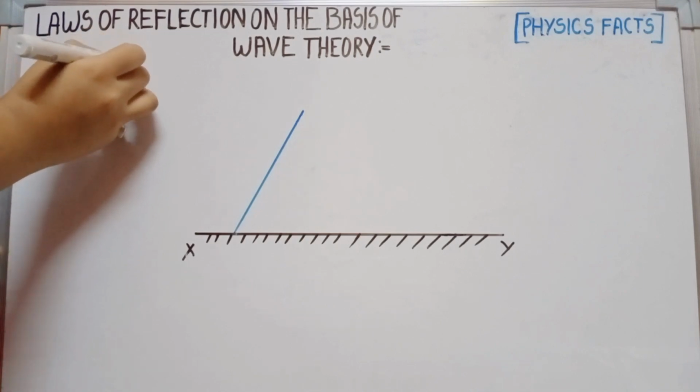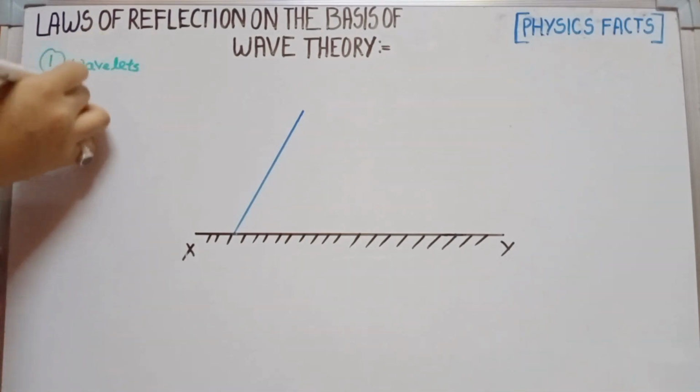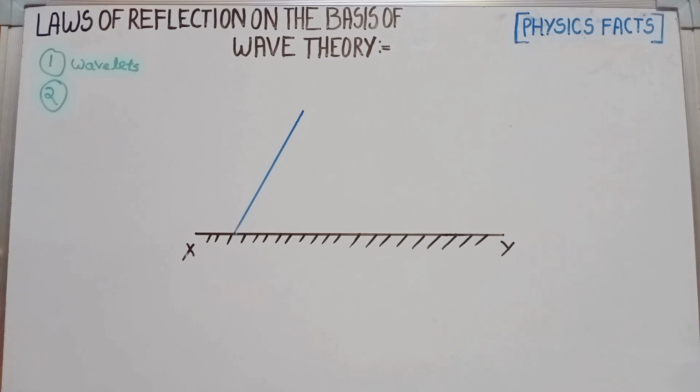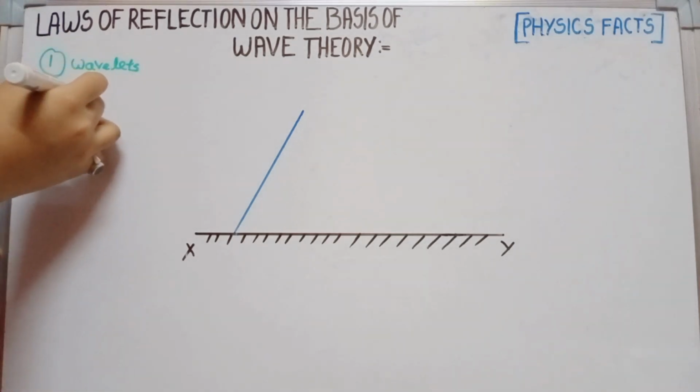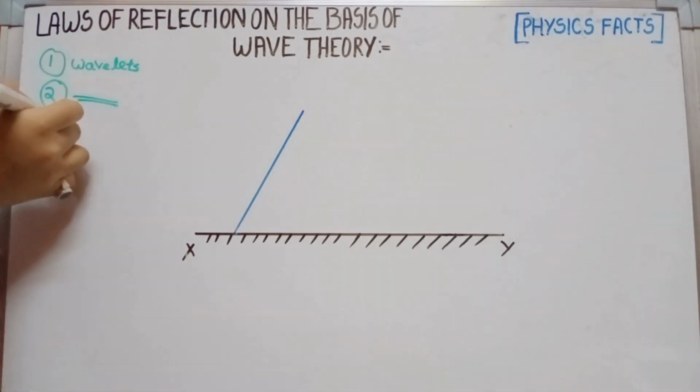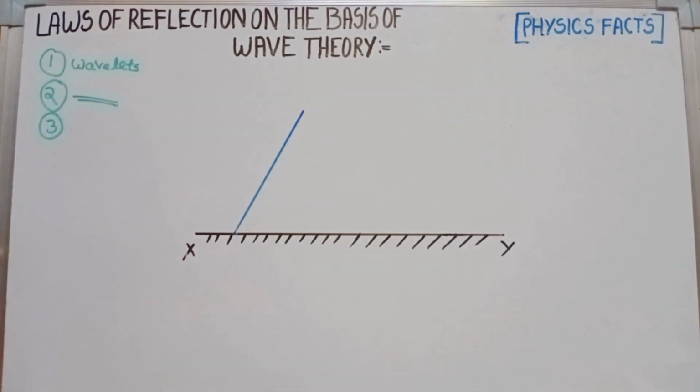These wavelets spread in all directions with the speed of light in that medium. Second point, third point: if we draw a tangent on the secondary wavelets, we get the secondary wavefront. The tangential surface is the secondary wavefront in the forward direction of the wave.